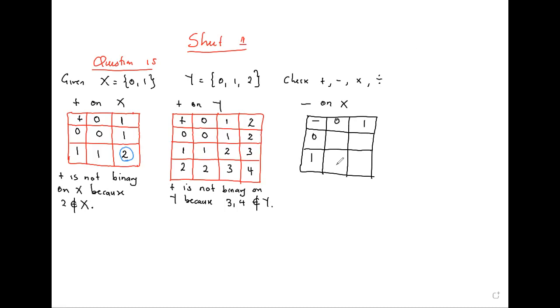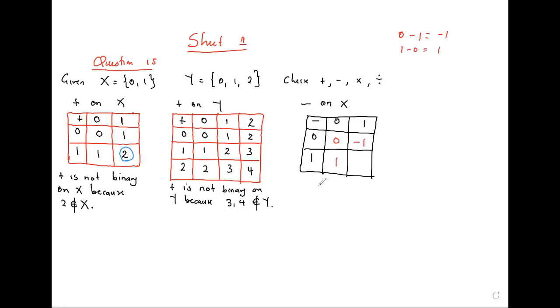So 0 minus 0, we get 0. 0 minus 1, we get negative 1. So we put negative 1. 1 minus 0, we get 1.